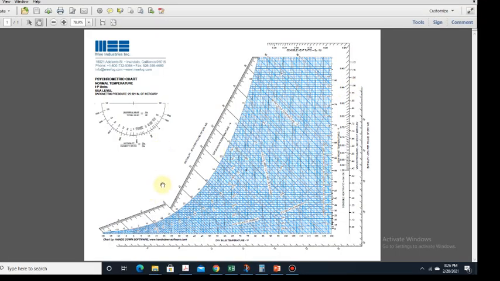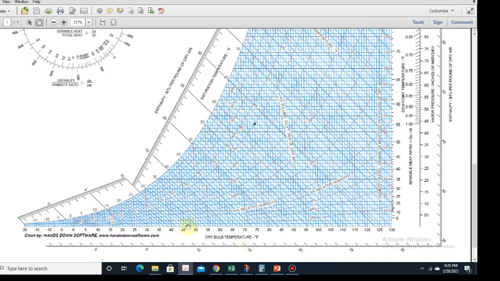As you can see, there is a psychrometric chart on the screen. Let's start. On the horizontal axis we have the dry bulb temperature. The lines which are perpendicular to the x-axis are called dry bulb lines.